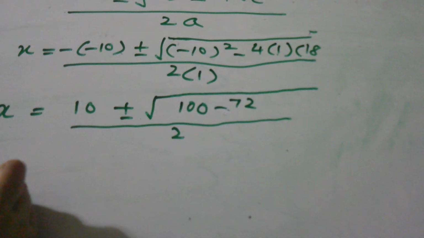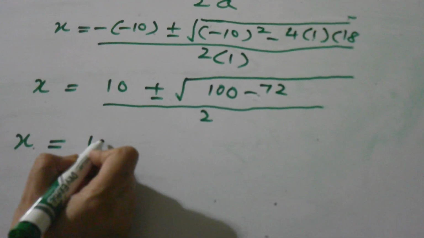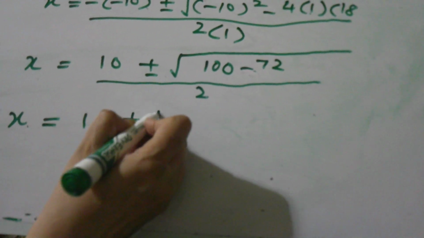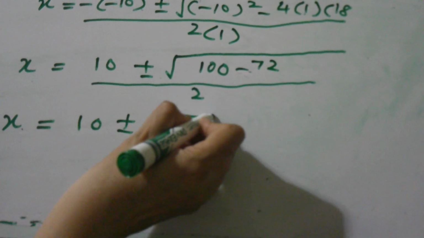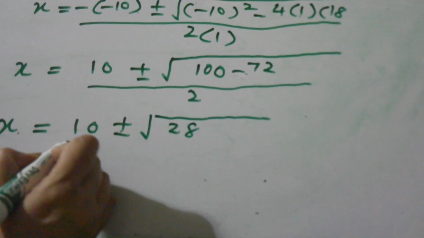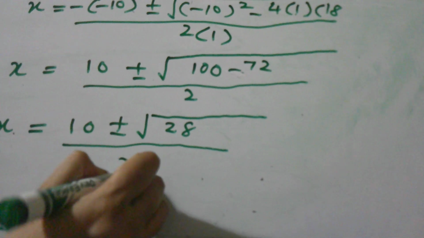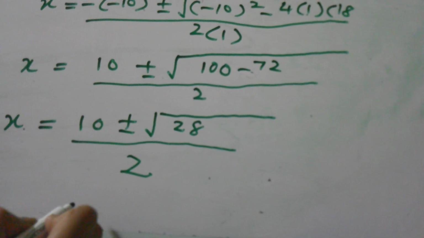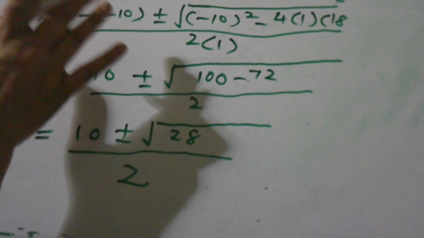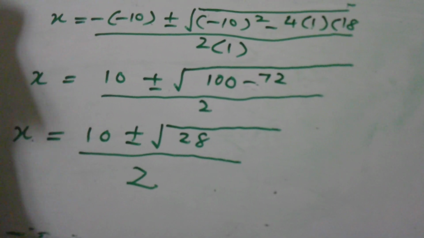So first of all, I will write the plus sign: 10 ± √(100 − 72), which is √28, over 2. There is no space here, so I am writing the steps on the top after the formula, and then you can understand it.